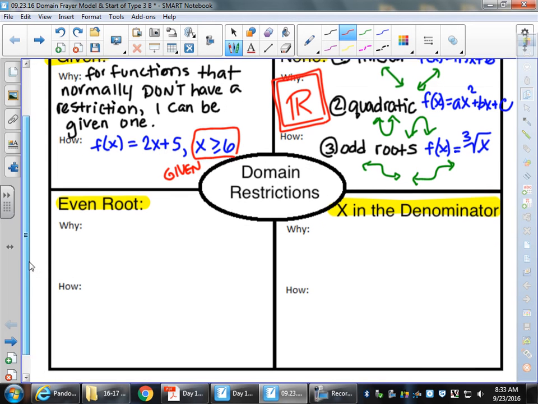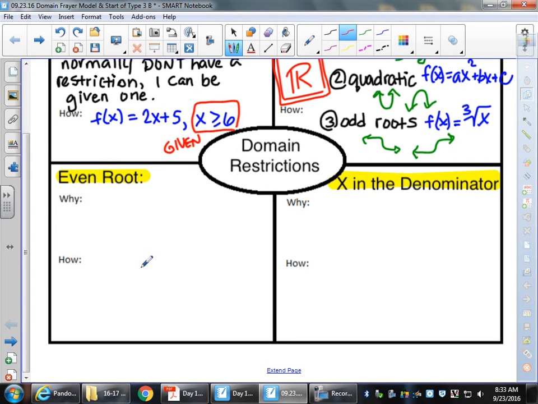Okay, let's really get our listening ears on, because this box is going to summarize everything we did 2 days ago, and this box is going to summarize everything we did yesterday. Even root. What's an example of an even root? A square root. Good.